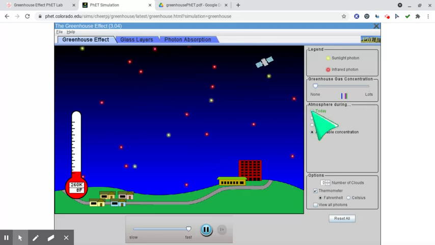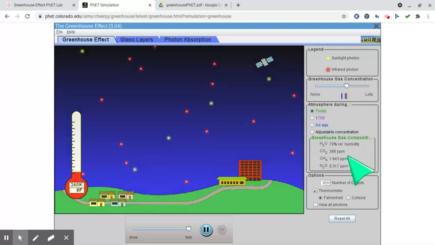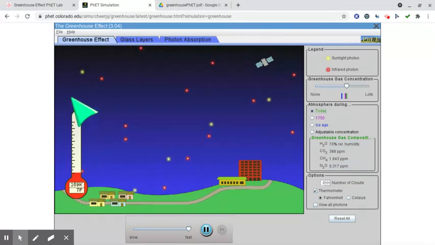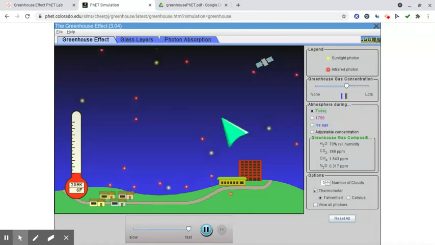We look at today with the higher CO2 concentration. Kind of watch. We can see where they've illustrated our atmosphere might settle in. We're in the today setting, so watch those infrared photons. They get bounced back, and some of them leave.